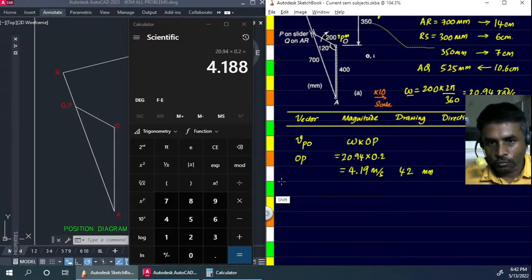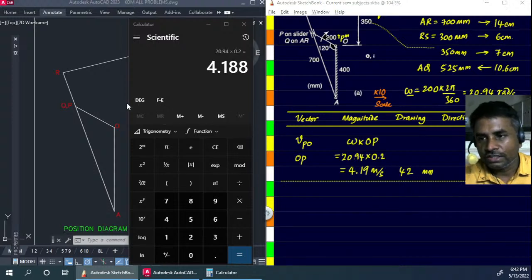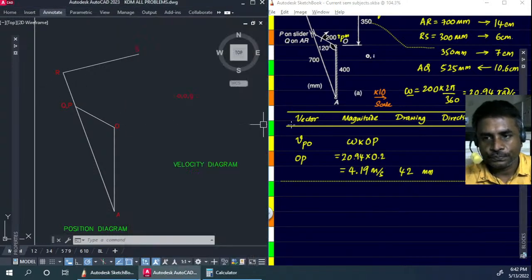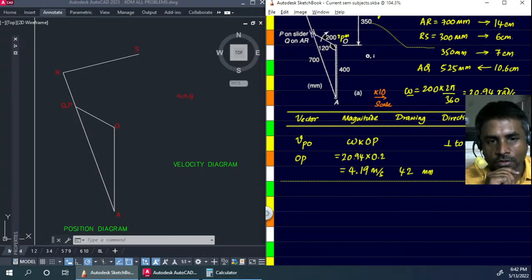So let's go back. So this is the thing. We have got the first velocity. What will be the direction? The direction of that will be perpendicular to OP, and the sense is going to be upwards.